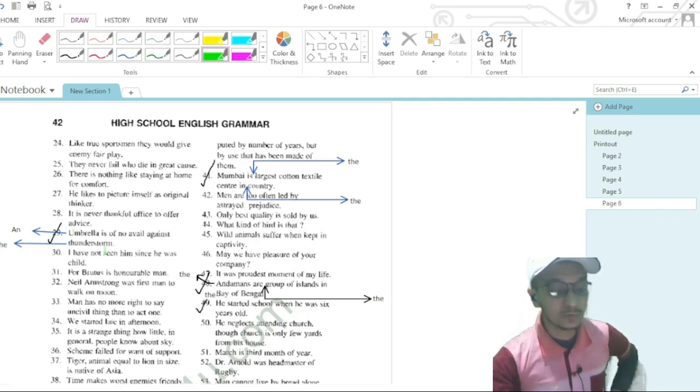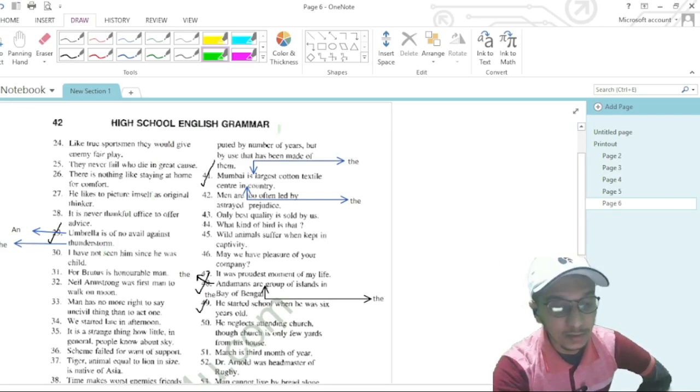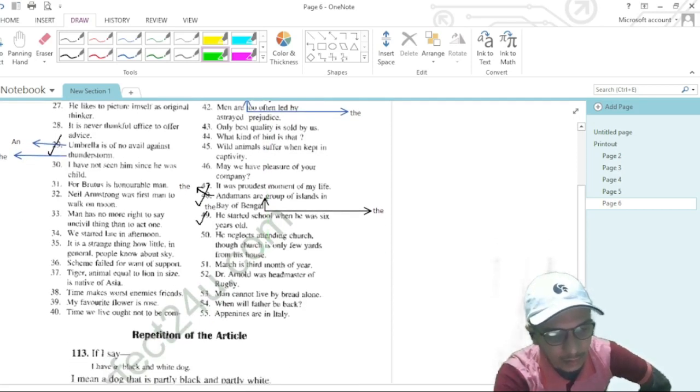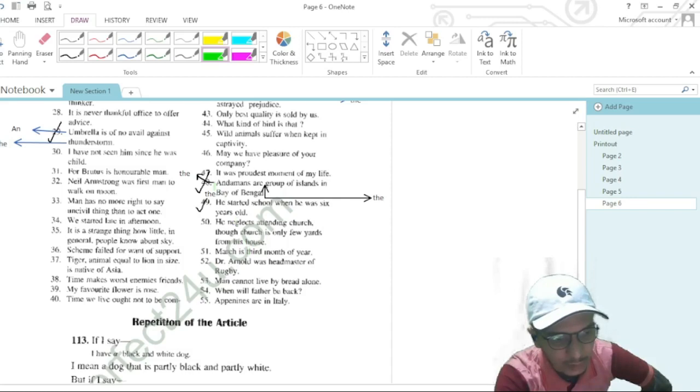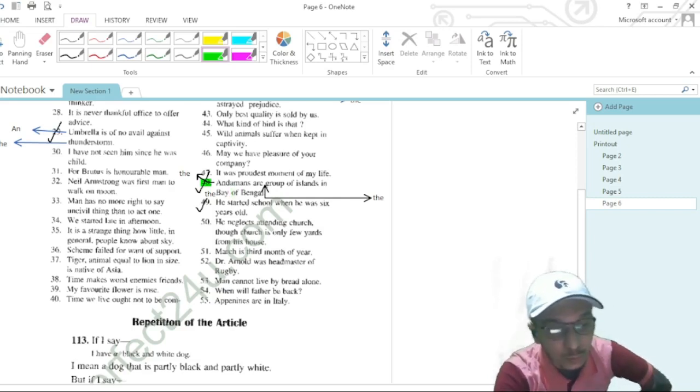There are two insertions. Mumbai is the largest cotton textile center in country. The correction is: Mumbai is the largest cotton textile center in the country. The next question is question number 48. Andamans are group of island in the Bay of Bengal.